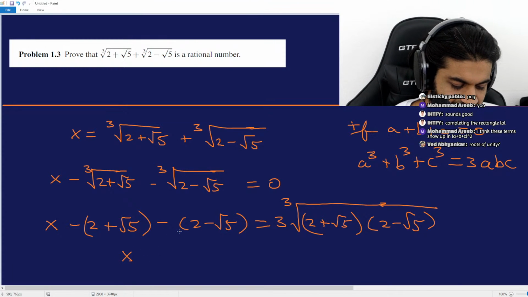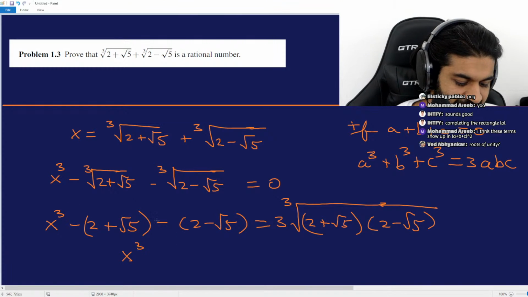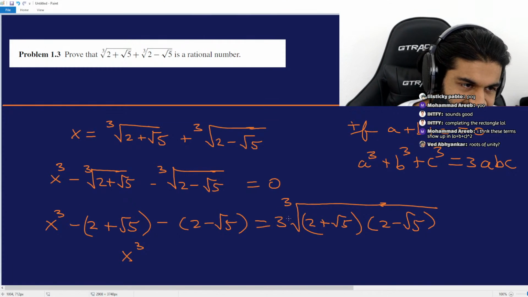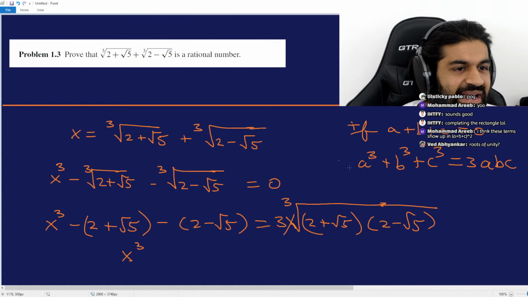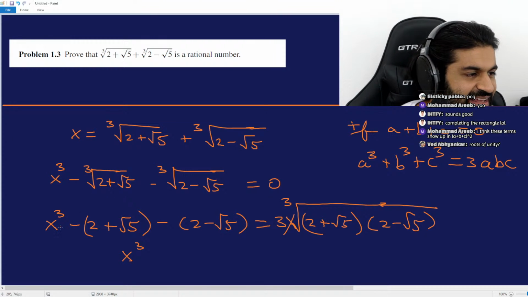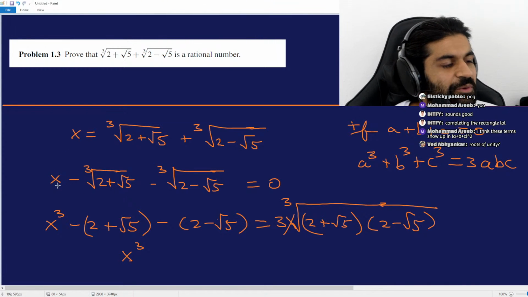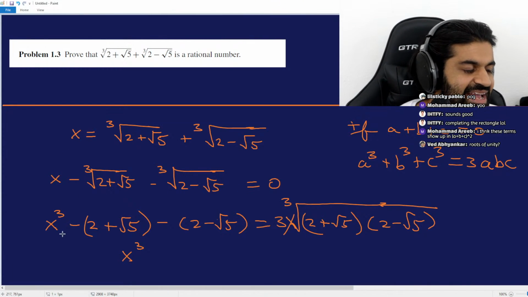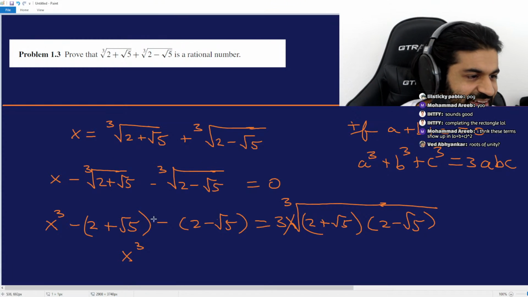Oh, I'm sorry, this should have been an x cubed, not an x. Also, there should be an x here, I think. Right, a cubed plus b cubed plus c cubed is equal to 3abc, so a plus b plus c being 0 means a cubed plus b cubed plus c cubed is equal to 3abc. Okay, now I'm good.